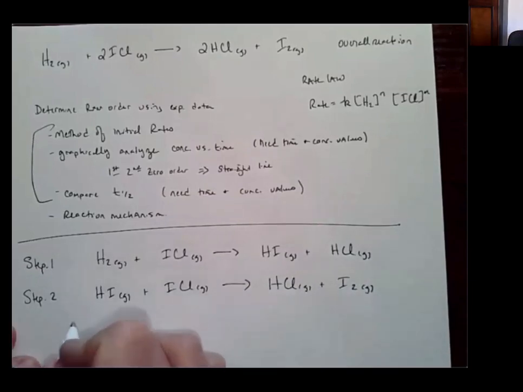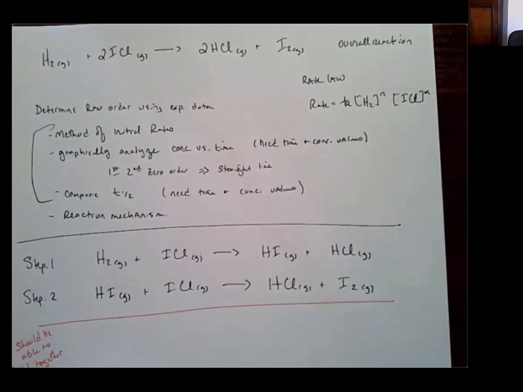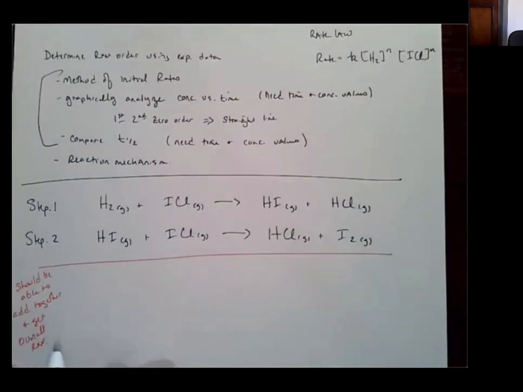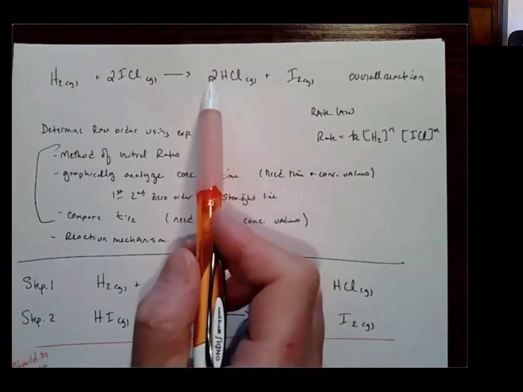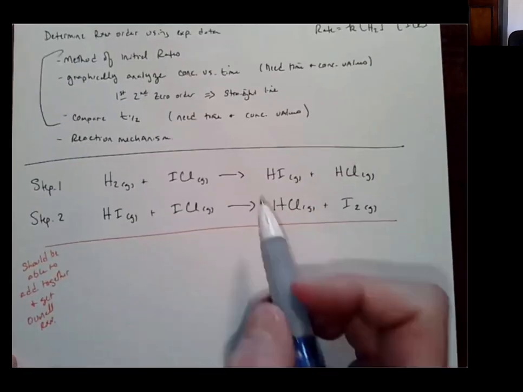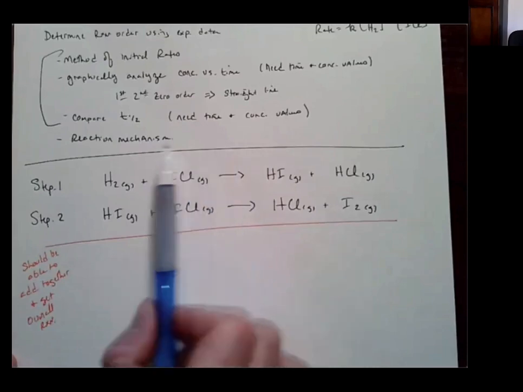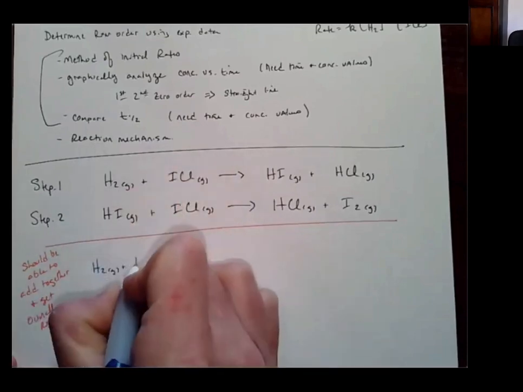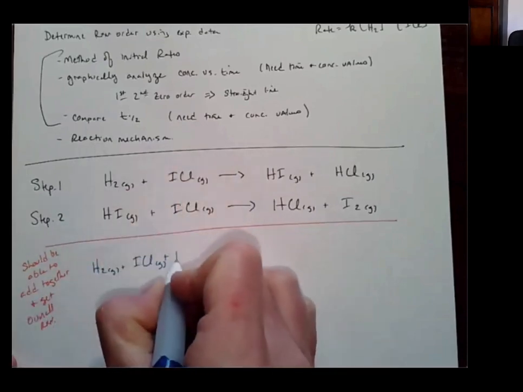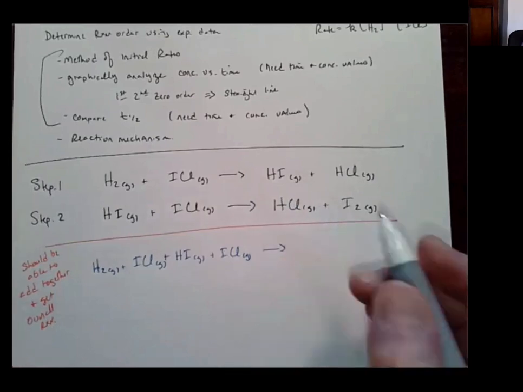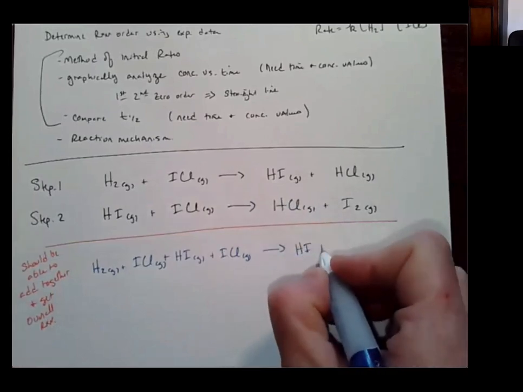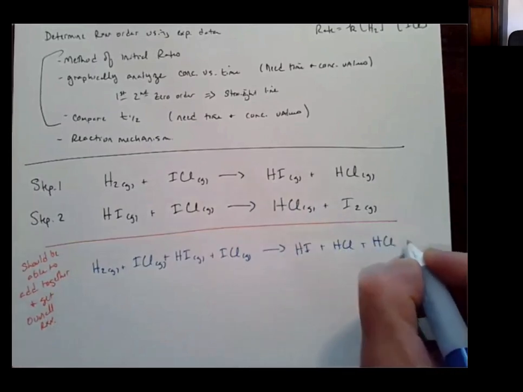So I should be able to add these together and get my overall reaction. This guy up here. So I should be able to add these 2 together and end up with this one. So I'm going to do that by taking everything that's on the reactant side. I'm going to write it down. It's ICl plus HI plus ICl. So that's all of my reactants here. And I'm going to write all of my products. HI plus HCl plus HCl plus I2.